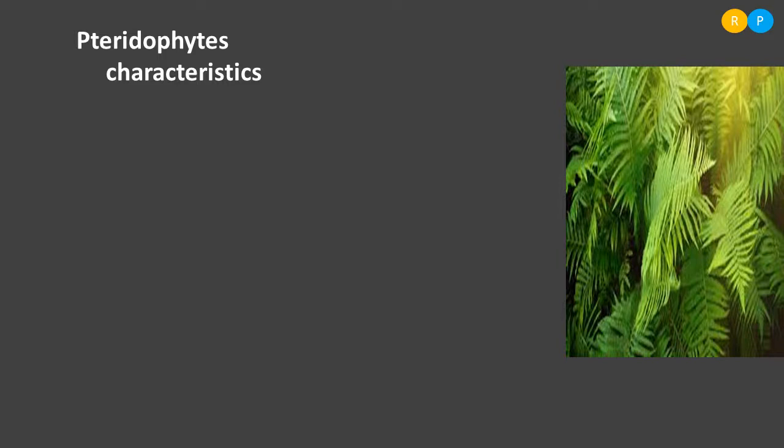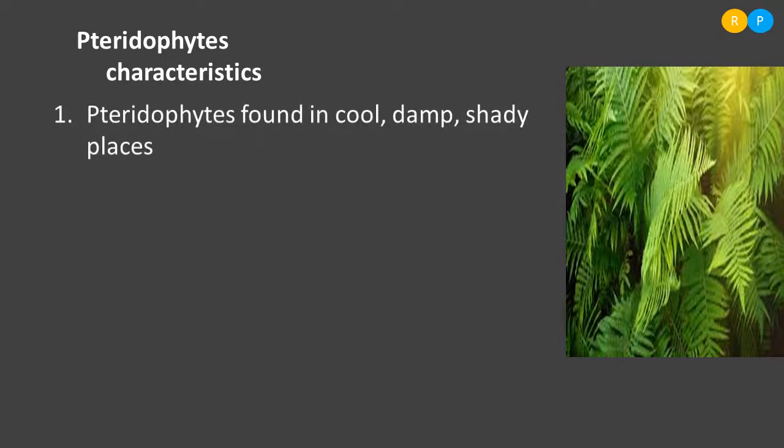So where do we find the members of pteridophytes? So pteridophytes are found in cool, damp, shady places. So usually the pteridophytic plants prefer a cool place with moisture content and shady places for their growth.